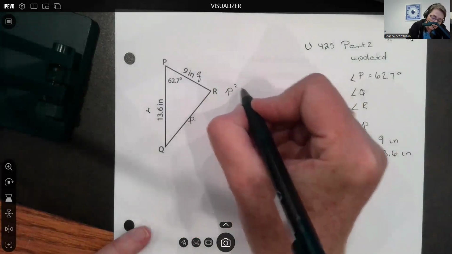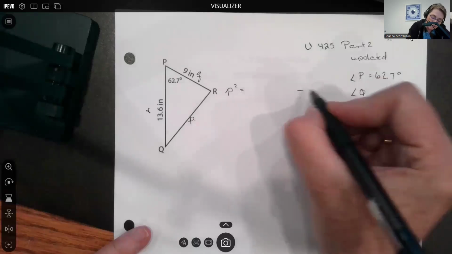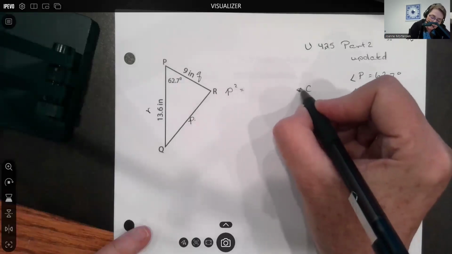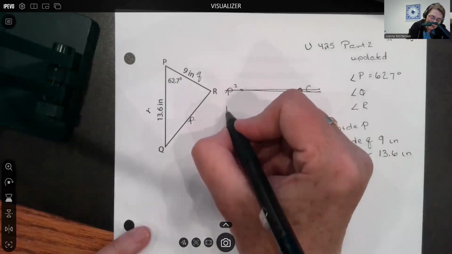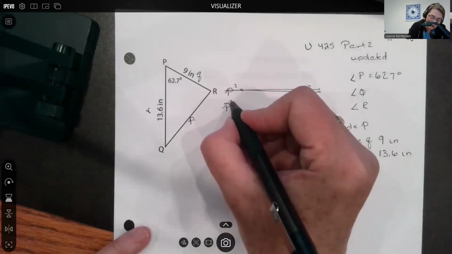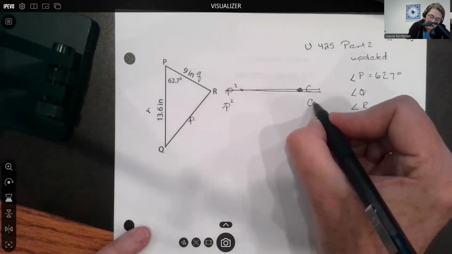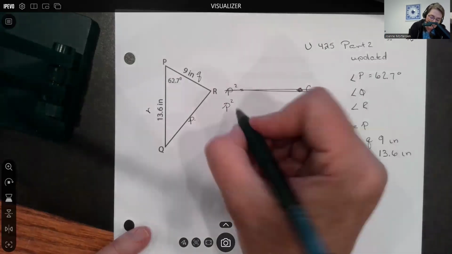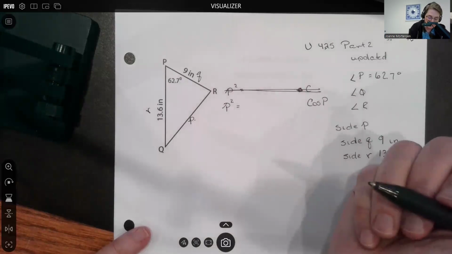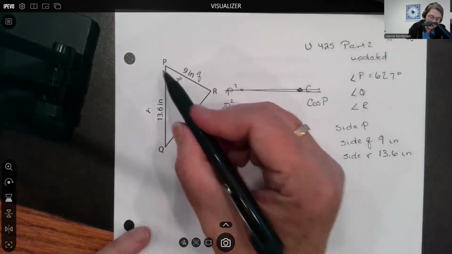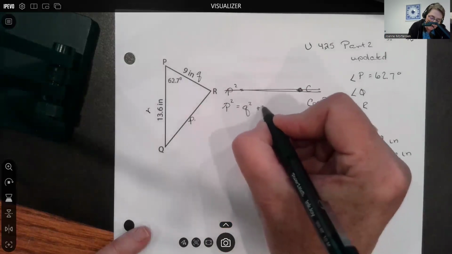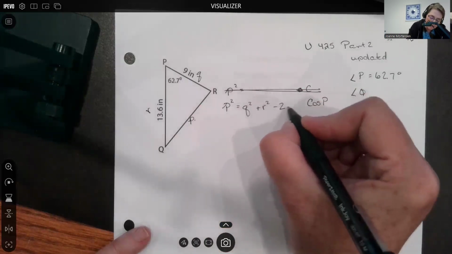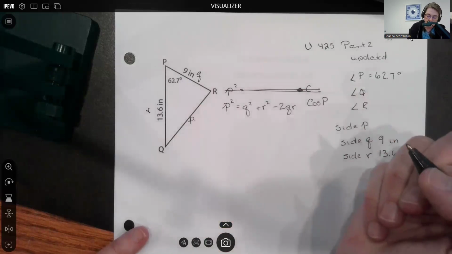So p squared, okay, let's start again. P squared equals, now I have r and q, so q squared plus r squared minus 2 q r cos p. And we should be good.